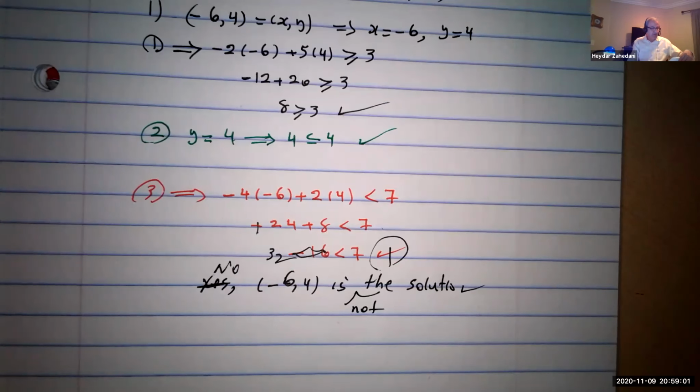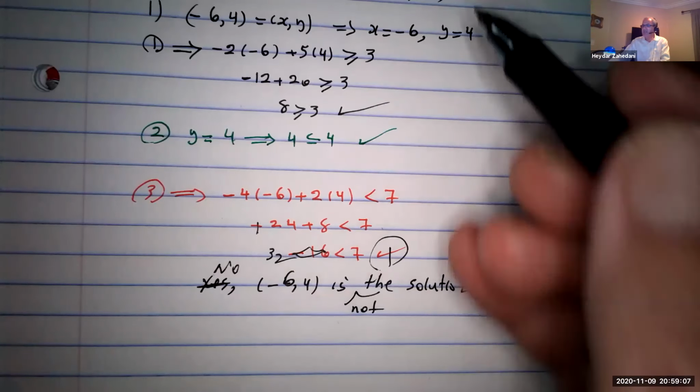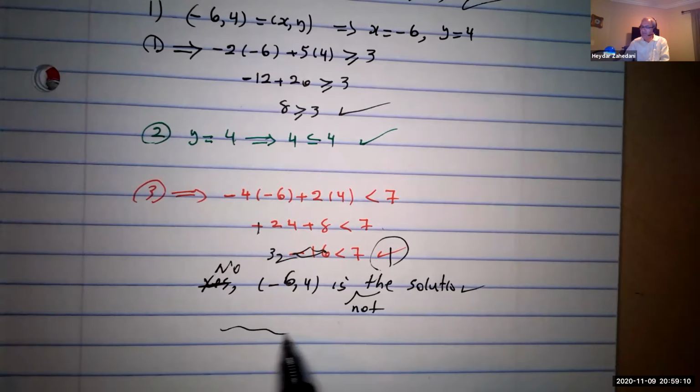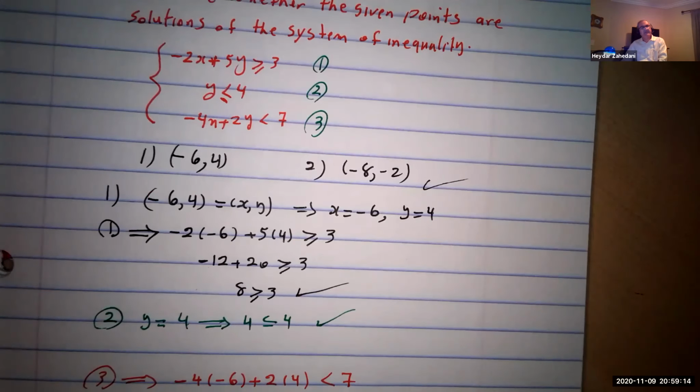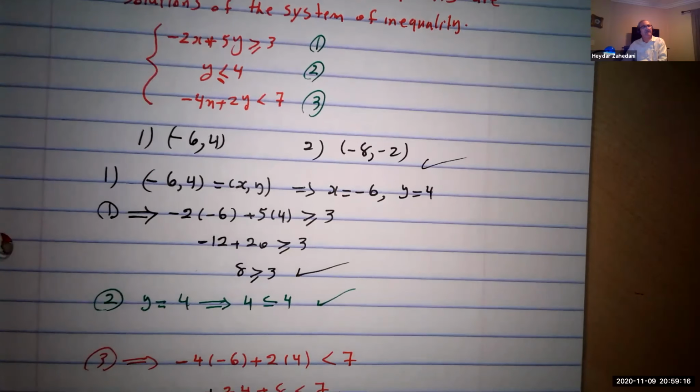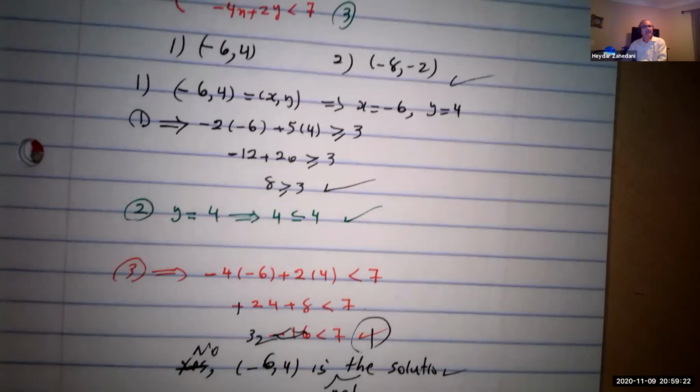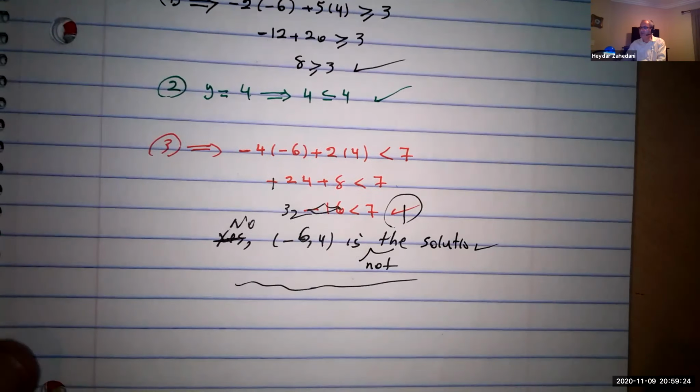Okay, so this is the way we are going to check. I think the second one is also not. You can check it for yourself. So we may have a system of three inequalities or more. If a point satisfies all of them together, that would be the solution of a system.